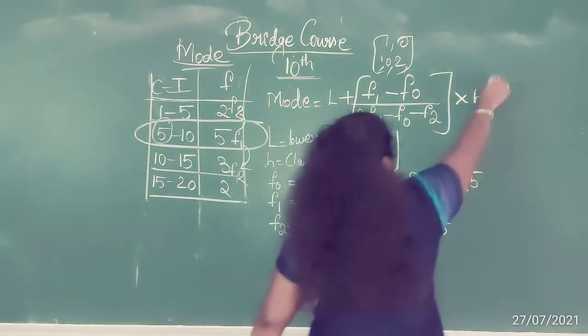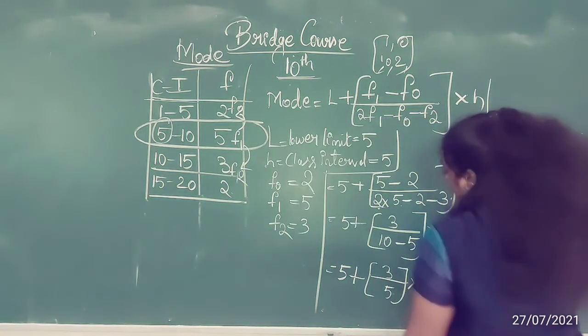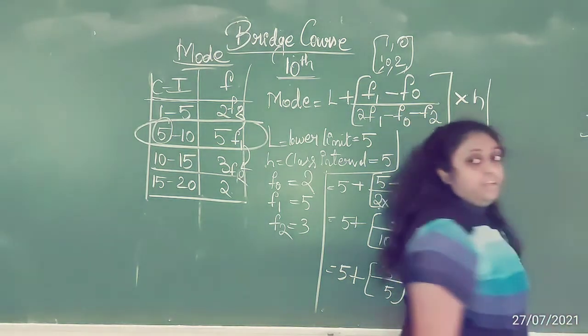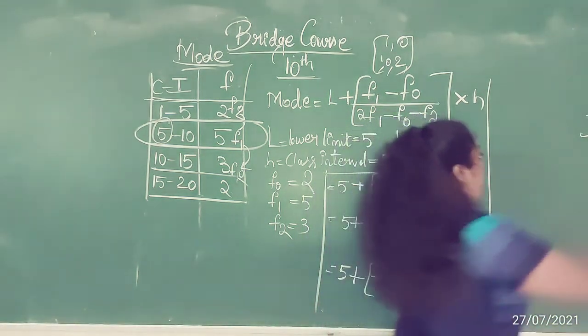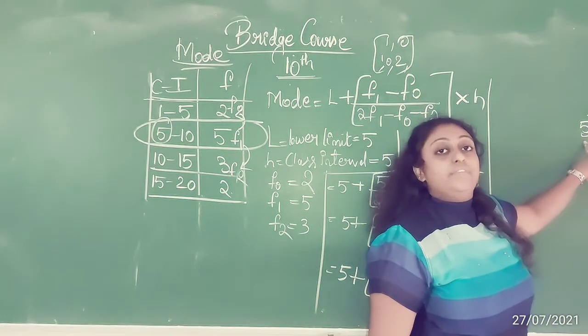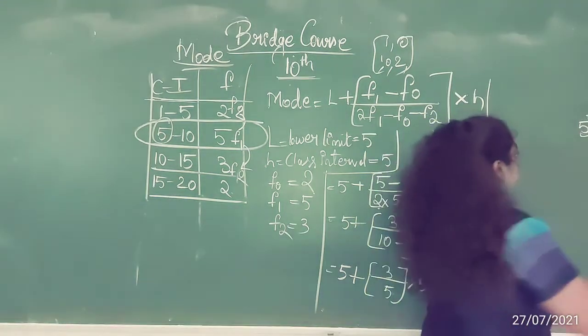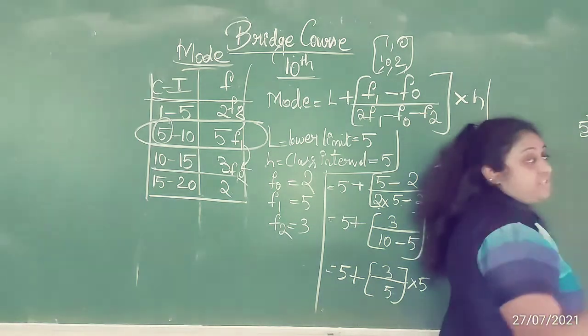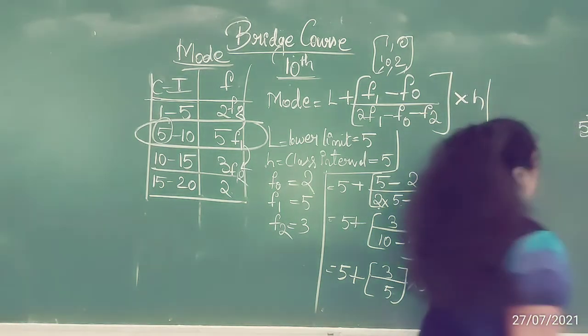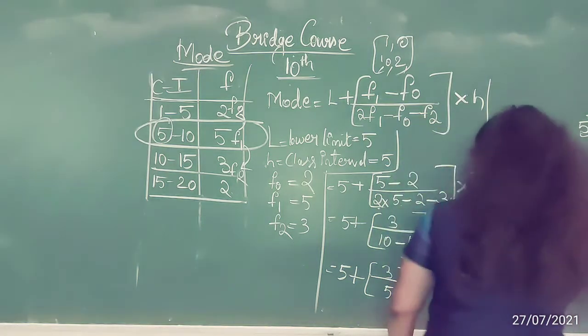So now I will do the multiplication here. What is it? 3 divided by 5. 3 is lesser than 5, so we have to put a point and add 0. 5 sixes are 30. So you got 0.6.